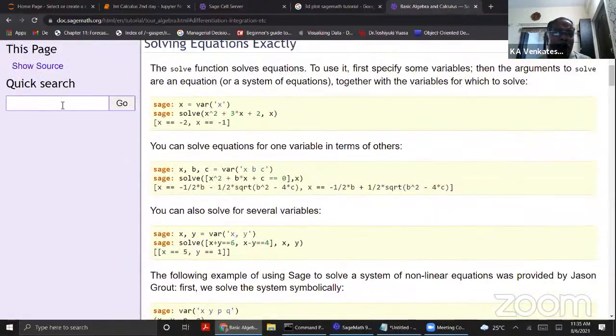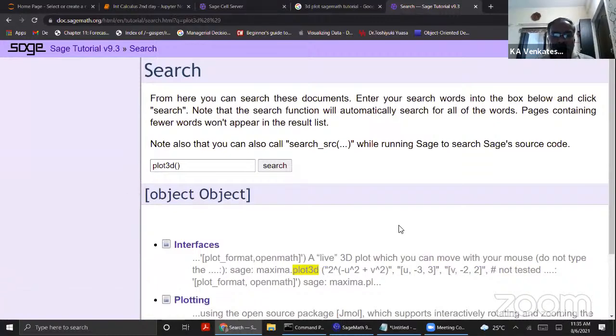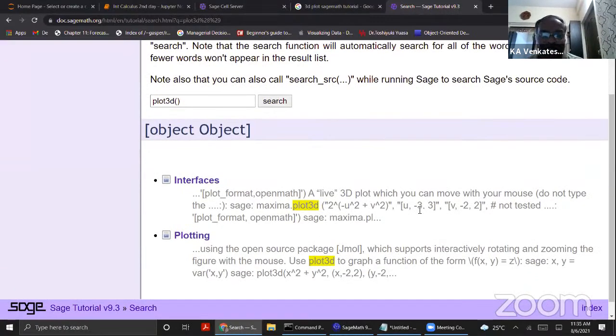This place you want something. Now you can see that this is actually taken from Sage.